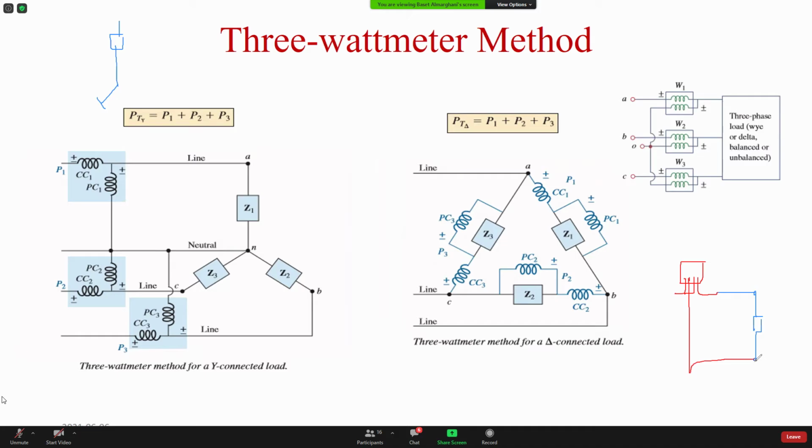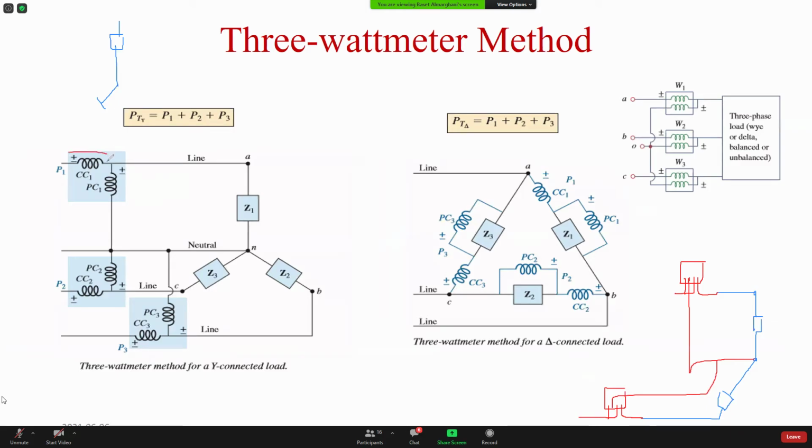This is the second phase, so the second wattmeter will be connected to the second phase. We'll measure the current and we'll measure the voltage, 1 point here and 1 point will go from here to the neutral. Then you do it for the third one, like this.